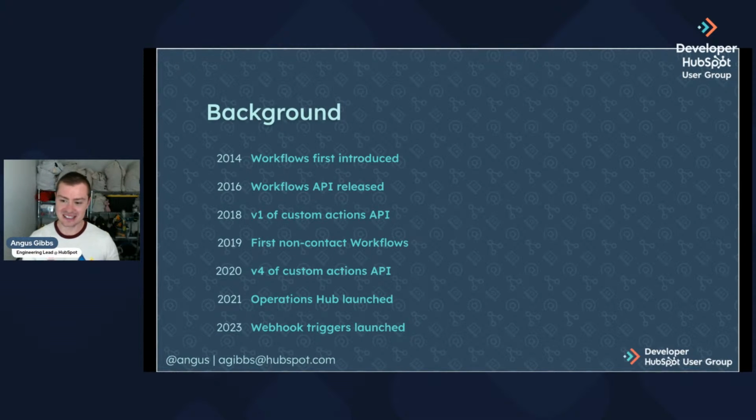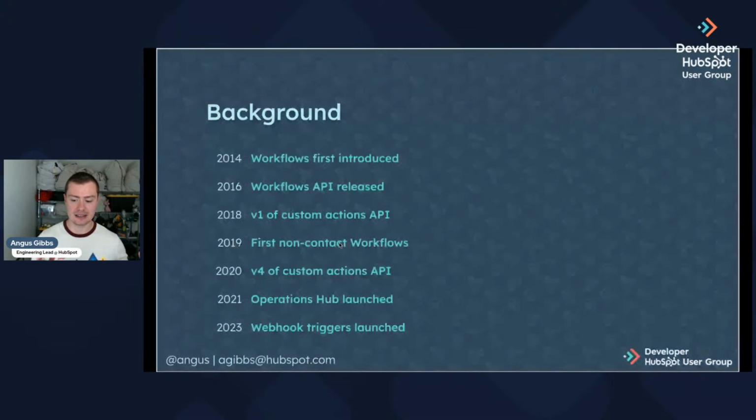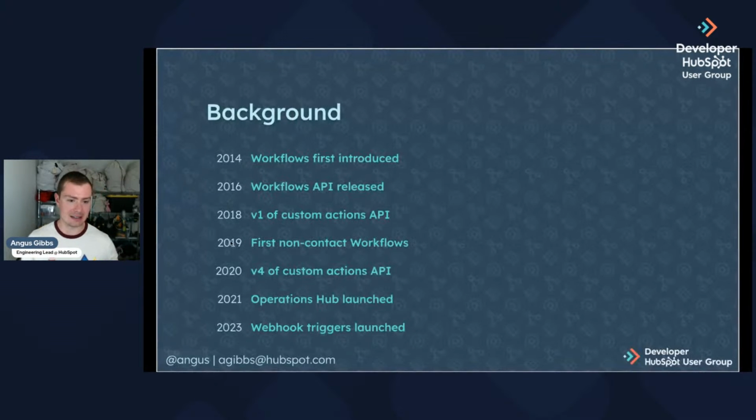I'll explain what some of these things are if you're not familiar with custom actions and stuff like that. The Workflows app was originally a marketing contact focused tool, and 2019 was the first time that we had non-contact workflows, so you could start to automate things other than a contact.